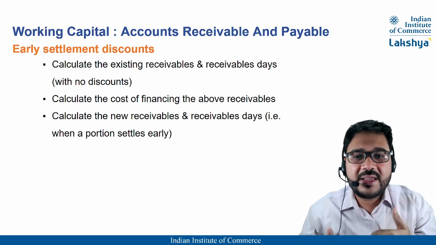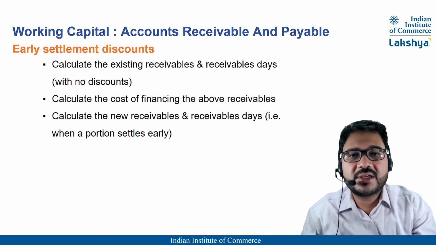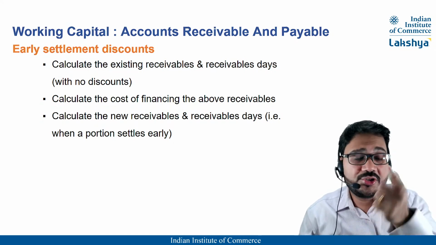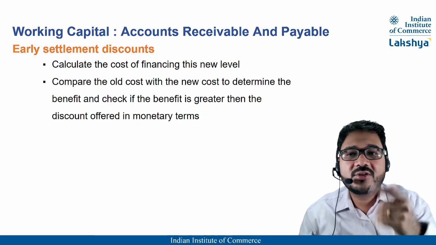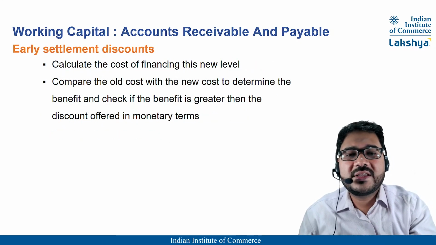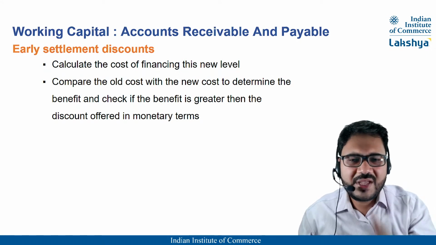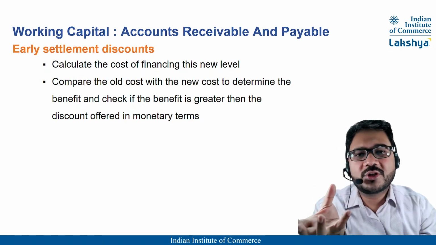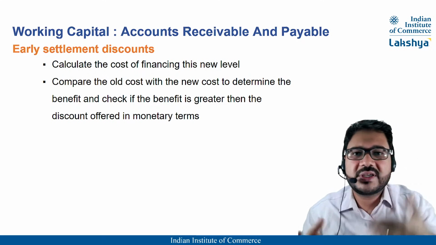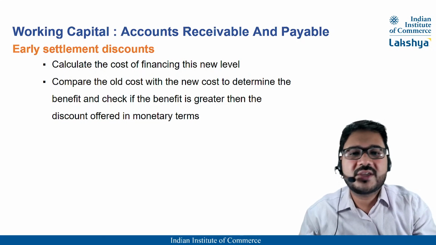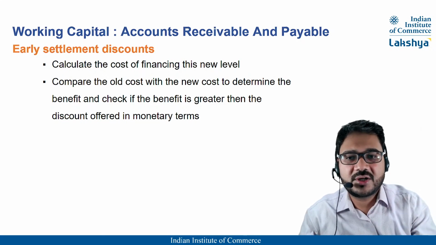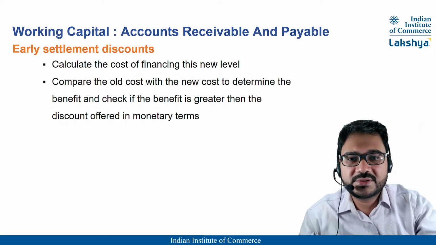And then you will calculate the new receivables and the new receivable days, and find out the cost of funding that new level. And then compare whether the old was better or the new, in the sense, after giving discount, if that is better. So compare the old cost with the new cost to determine the benefit and check if the benefit is greater than the discount offered in monetary terms, right?